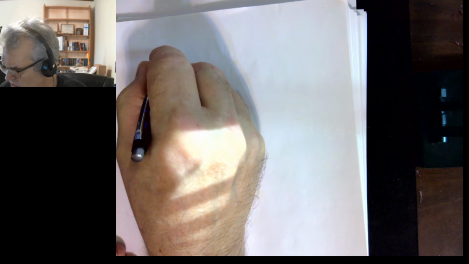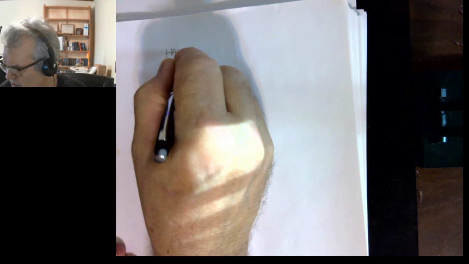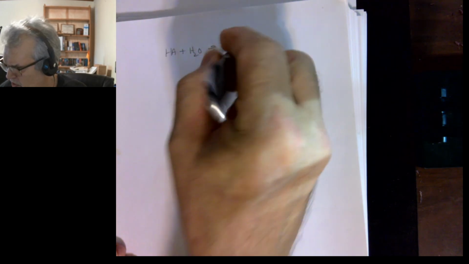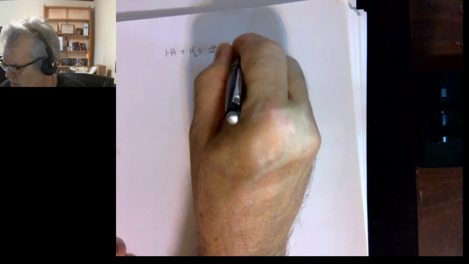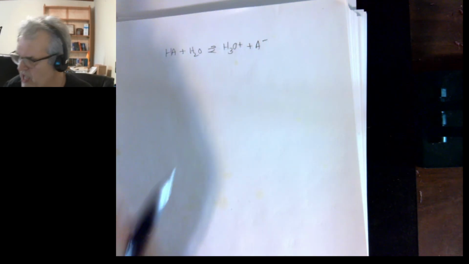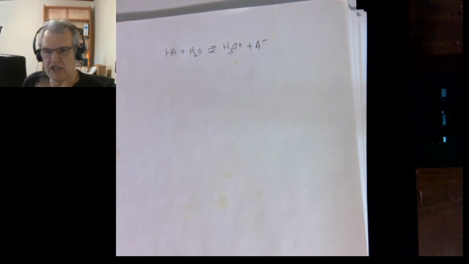So if you understand that a little bit, then let's consider what happens. I'm not going to go through the equivalence point calculations, but I'll just mention it. I have HA plus H2O goes to give me H3O plus and A minus. Now, what does equivalent mean? Equivalent means equal, right?